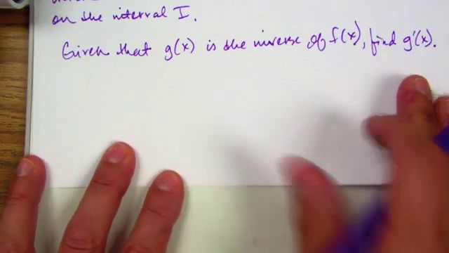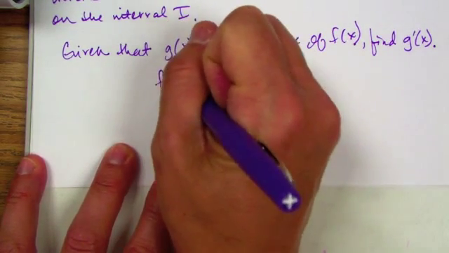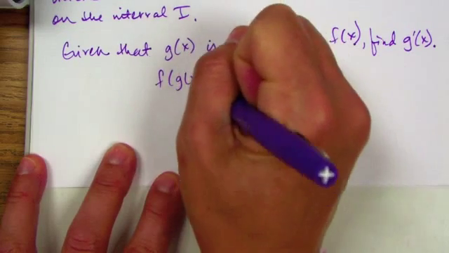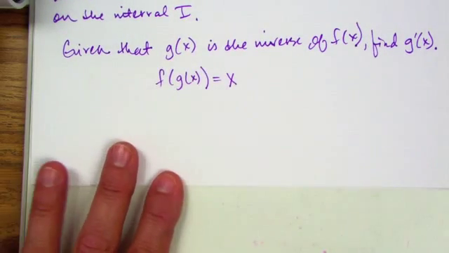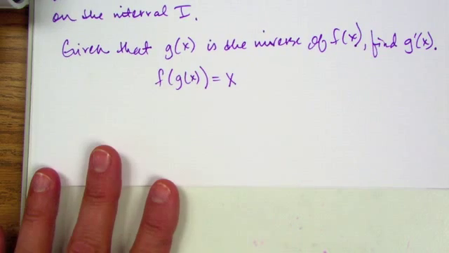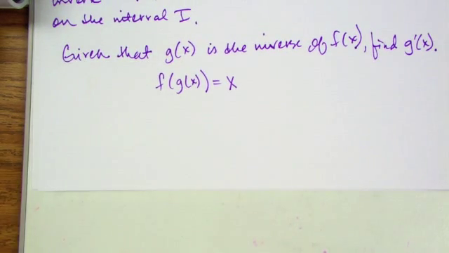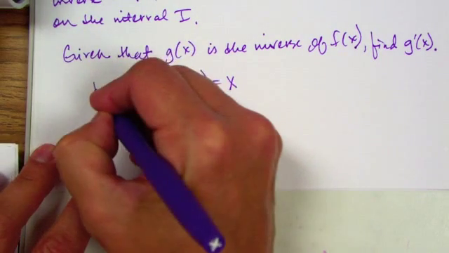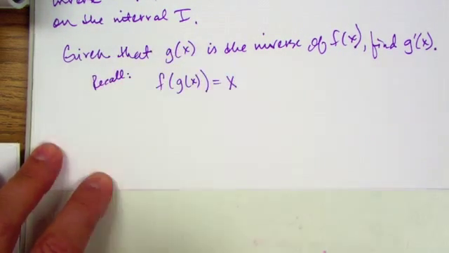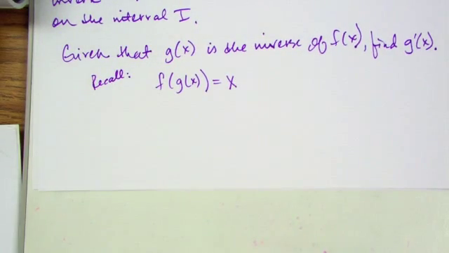Okay, so remember this, f of g of x equals x, right? If they are inverses of one another, this is true. Here, I'll put this. Recall, f of g of x is equal to x if they are inverses, right?